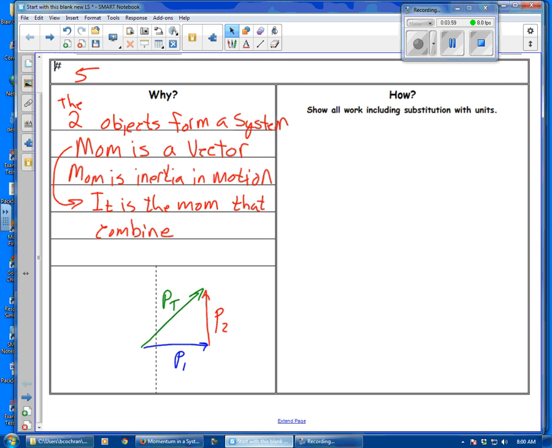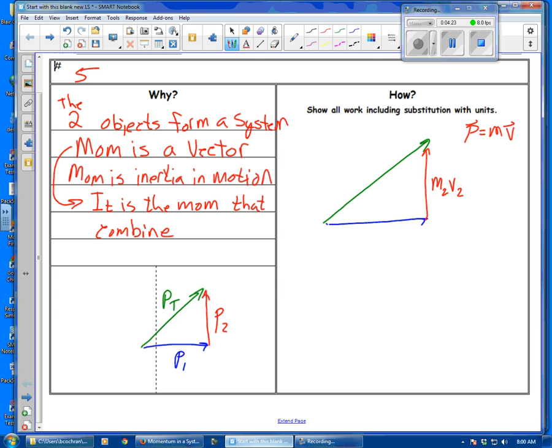So if I redraw that over here now with some values, my physics equation would be momentum is inertia and velocity. So this one would be M2 V2. This one would be M1 V1.